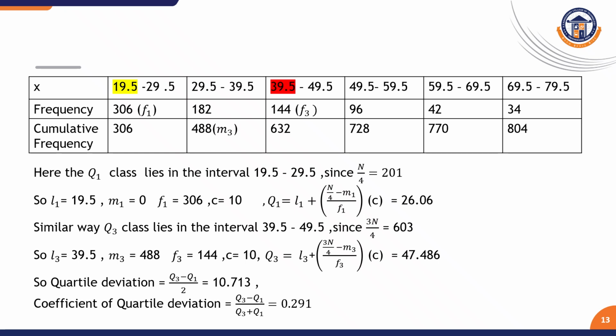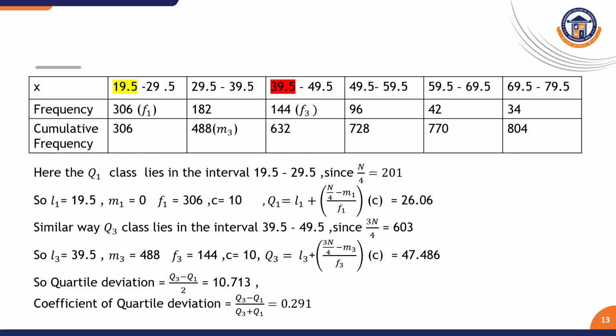Here let us find the Q1 class first. This Q1 class lies in the interval 19.5 to 29.5, since n by 4 value is 201, and the value nearest to 201 in the cumulative frequency is 306. So that class is 19.5 to 29.5.